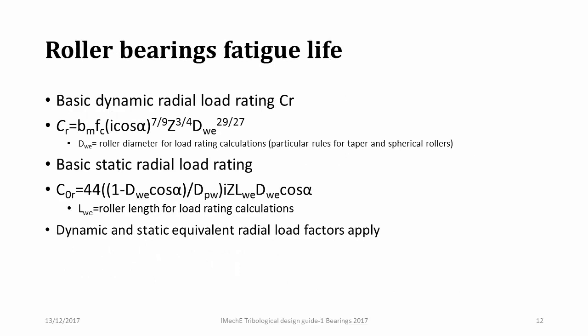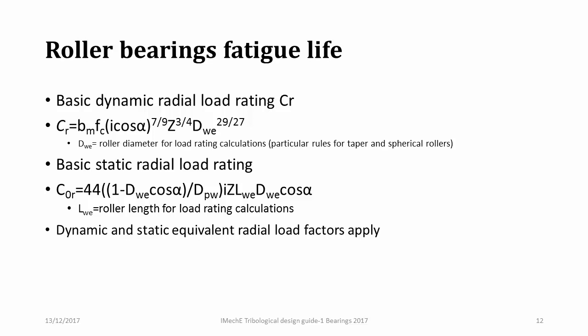As we already noted, this is a slightly different power rate relationship, but we also have some different powers for the number and size of rolling elements and the contact angle, which applies in the case of a tapered roller bearing.